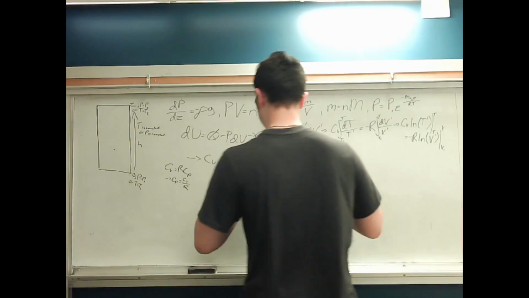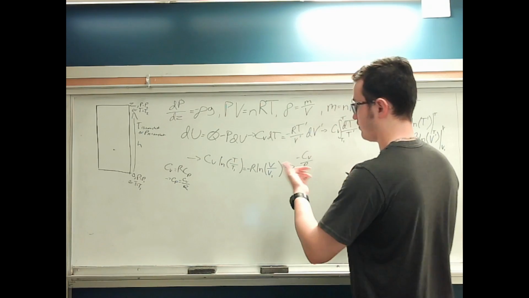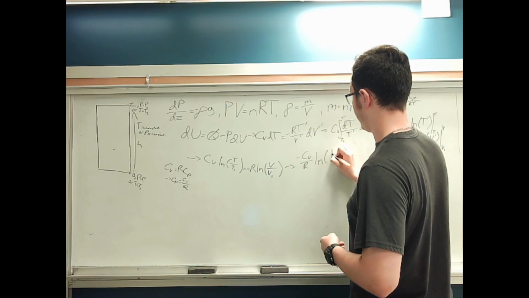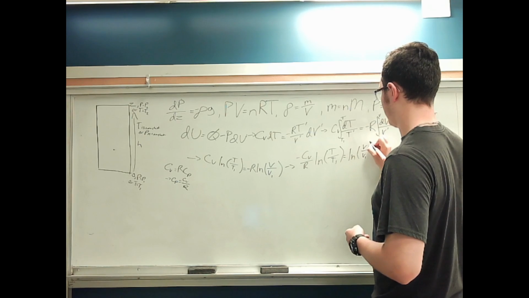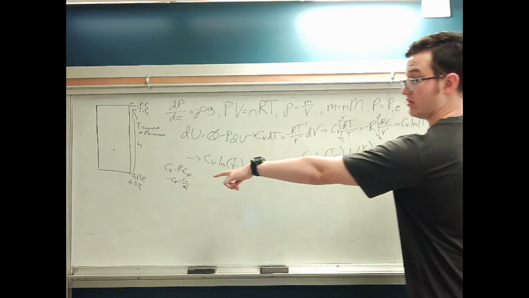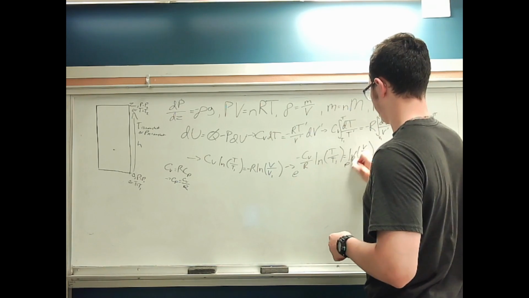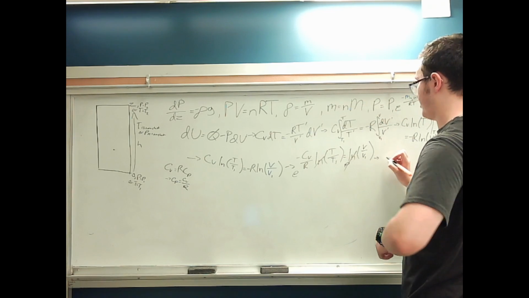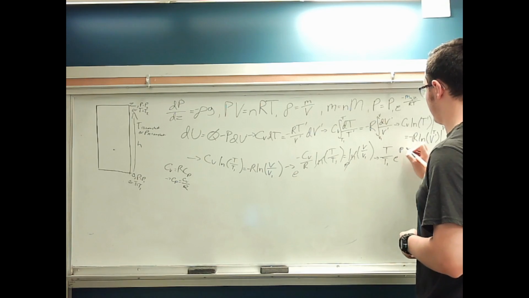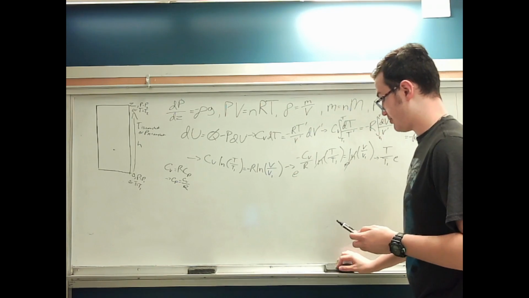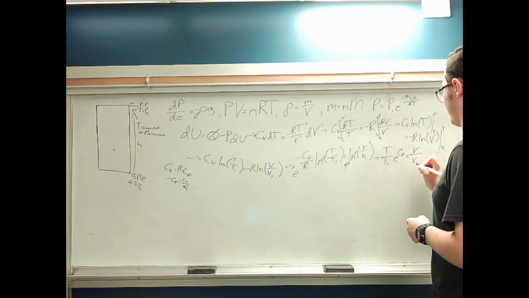This can go to Cv over R, we'll call it negative, natural log of T over T1 is equal to natural log V over V1, which means when we take the e's of these, this cancels, it goes to T over T1 to the power of Cp, with, again, Cp being specific heat capacity, is equal to volume over starting volume.